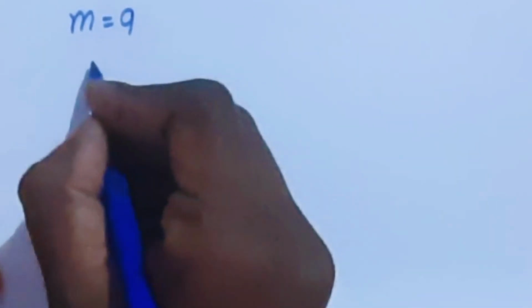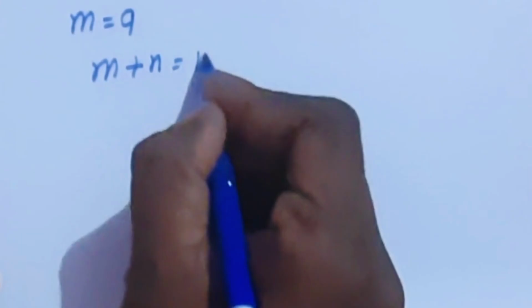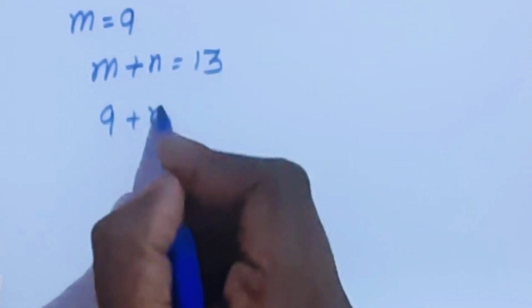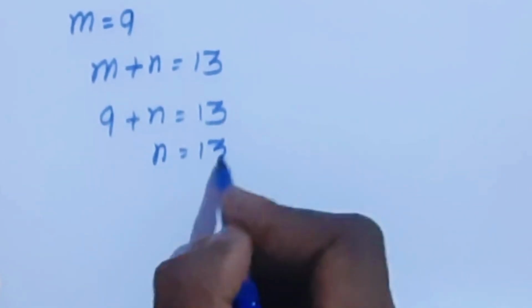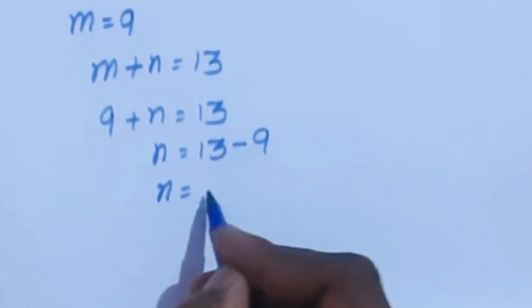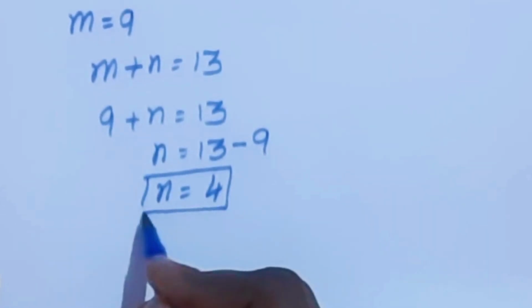Applying this m in the equation 1, equation 1 is m plus n equal to 13. So 9 plus n equal to 13. So n equal to 13 minus 9. Here n value is 4. 13 minus 9 is 4. This is the n value.